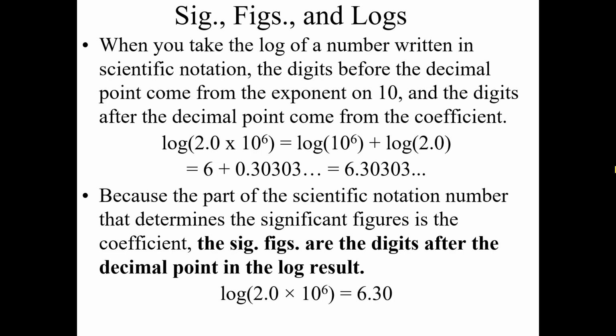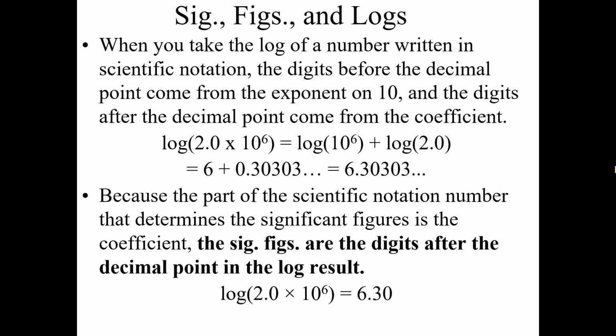So let's look at this expression. I want to take the logarithm base 10 of 2.0 times 10 to the 6. According to the rules, what I would have to do is take the log of 2 and add the log of 10 to the 6. Well, the log of 10 to the 6 is 6, right? The log of 10 to the n is n.